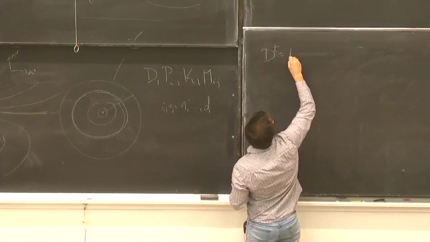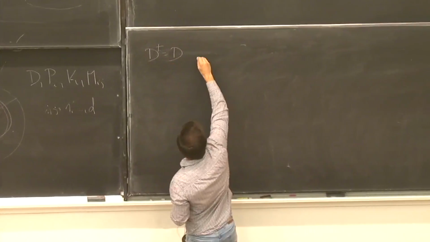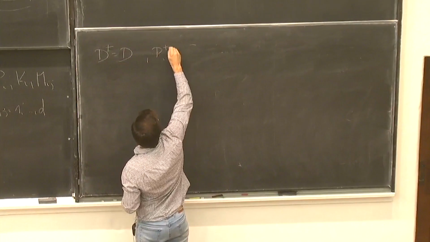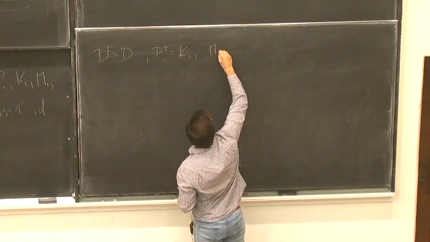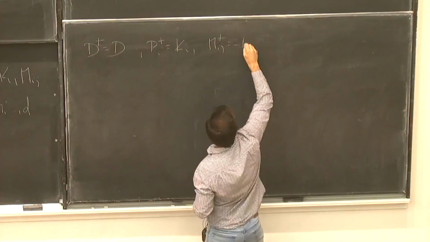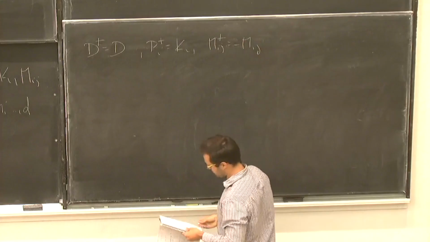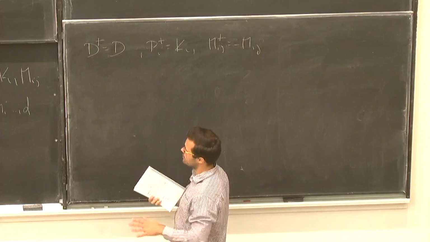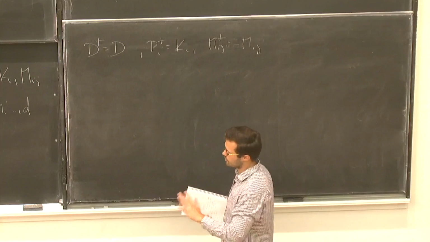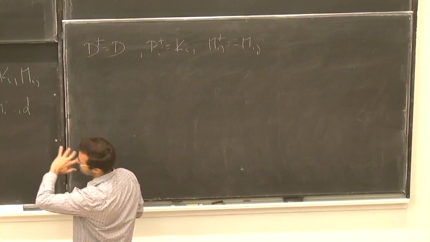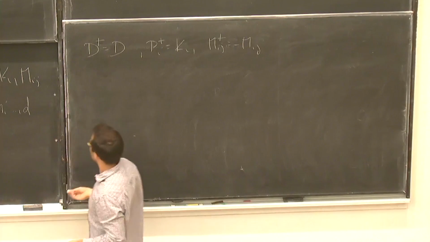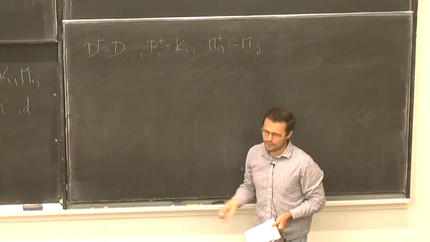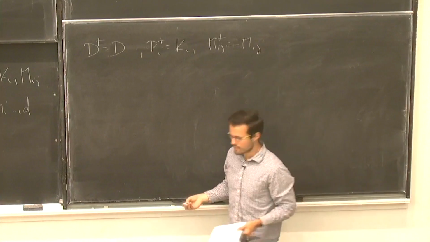So I already said that D is self-conjugate. P is the conjugate of K. And M_ij is anti-Hermitian. So all of these hermiticity properties are always with respect to the same Hilbert space. It is the Hilbert space of the theory in flat space, which is the same as the Hilbert space here. So the reason why we are getting different hermiticity properties is that they are just different operators acting on the same Hilbert space.